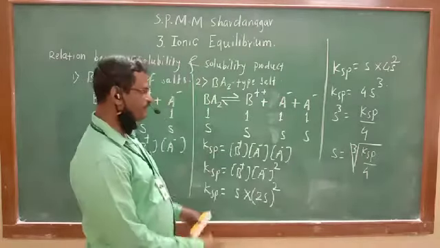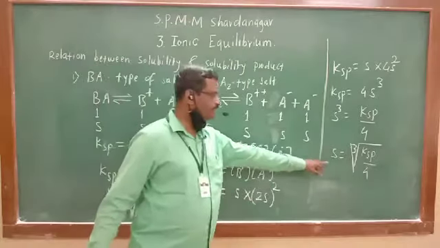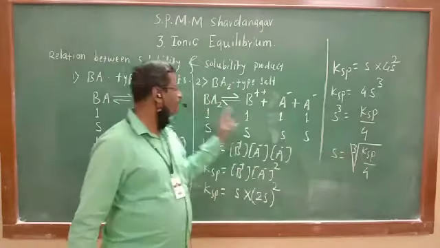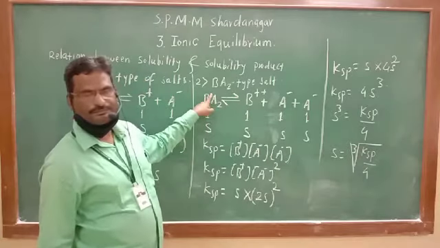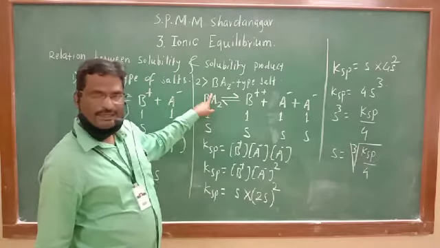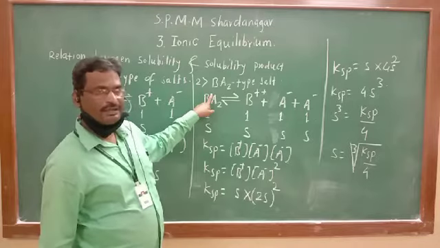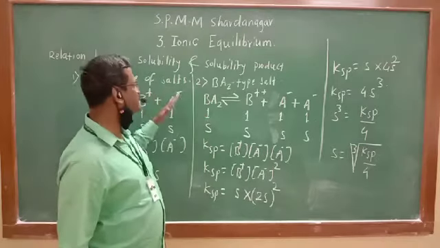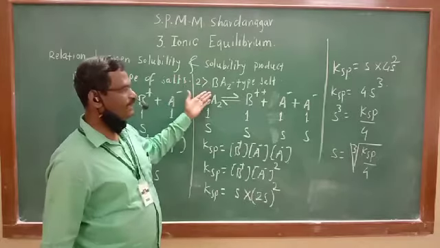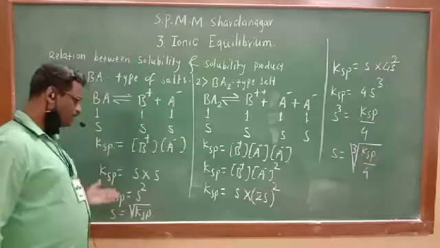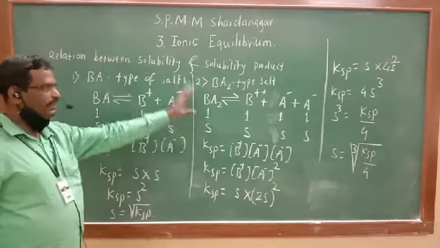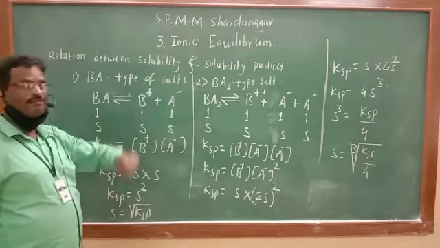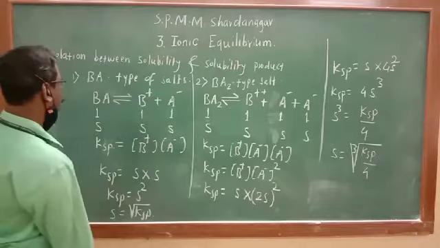This is the relationship between solubility and solubility product for this type of salt, BA2 type of salt. You will come to know easily after taking the examples. There are many salts of BA type as well as BA2 type, and for those salts the relation between Ksp and S can be written in that proper manner in order to solve the problems.